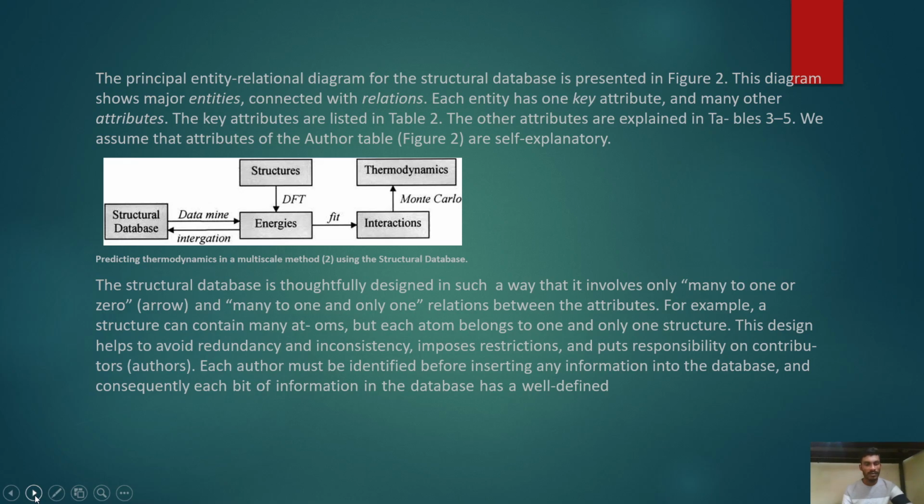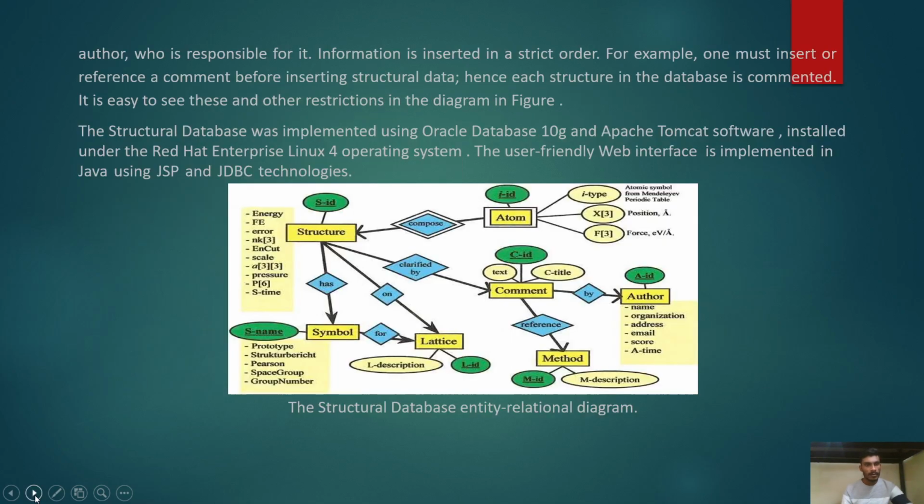For example, a structure can contain many atoms, but each atom belongs to one and only one structure. The author, who is responsible for the information, is inserted in a strict order. For example, one must insert a reference or a comment before inserting structural data.